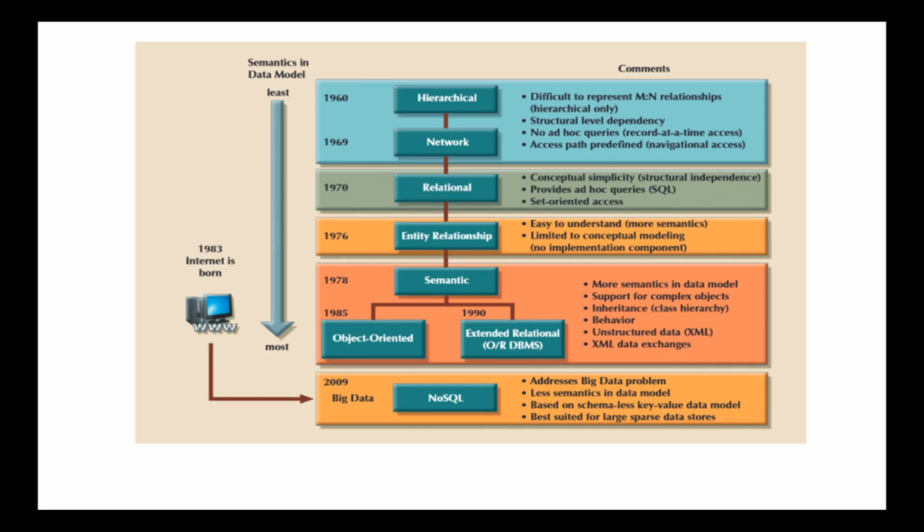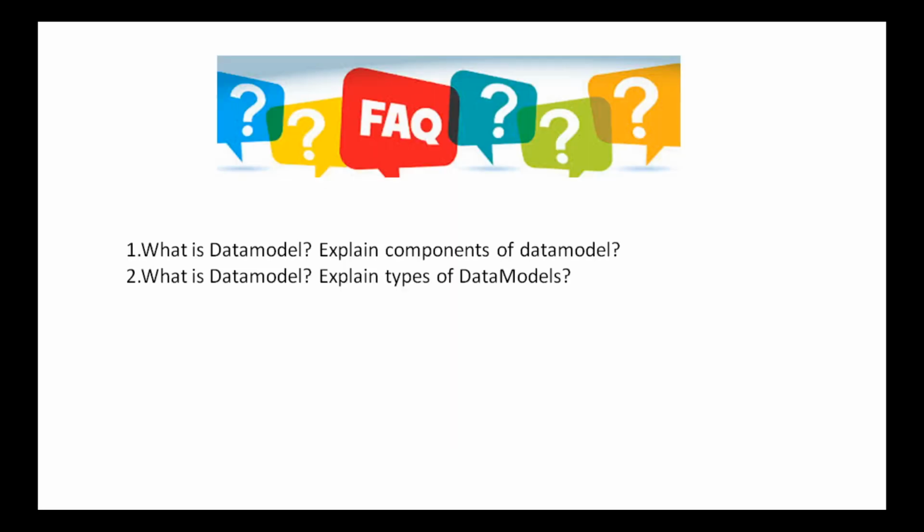Hierarchical, and next network, next relational, next entity relationship, and next semantic data models. Those are object oriented and extended relational, known as object relational database management system, and NoSQL. These are the overall view of the hierarchy of data models.